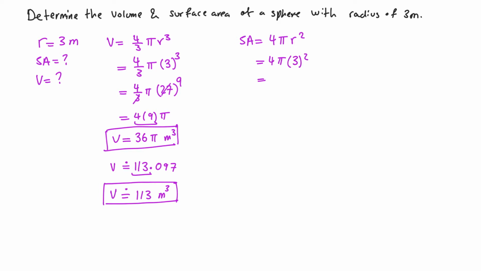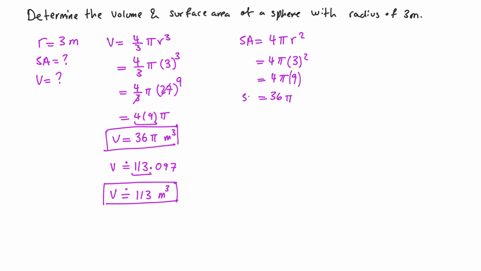And I will get 4 times pi times 9 using BEDMAS. And I'm just going to put this in brackets just for good form. Now, what I have is 4 times 9, which is 36, and I get 36 pi again. Look, it's very similar actually.